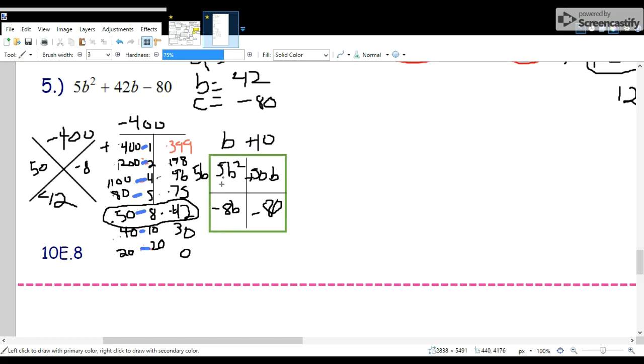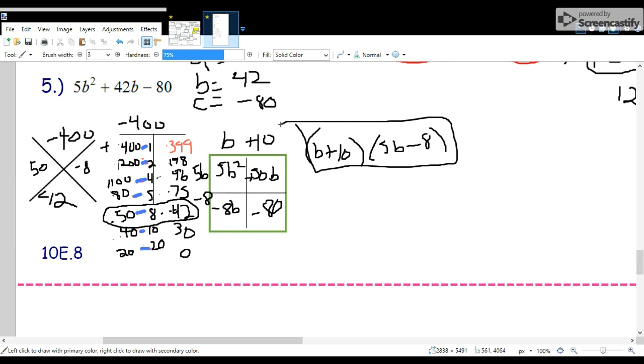Negative 8 times b would be negative 8b. So this would be our factored form: b plus 10 times 5b minus 8. And that's it.